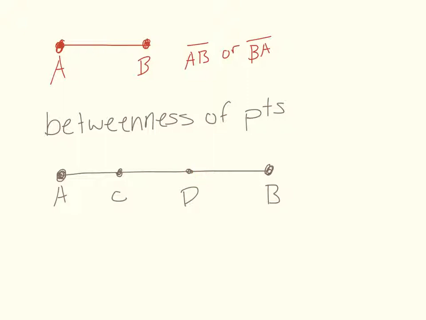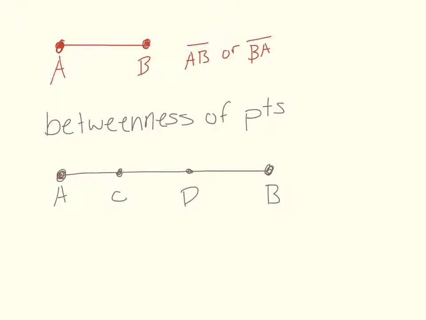D is between C and B, and the only reason that they can be between those two is because they're collinear. Remember that word? That's going to come up again, I'm sure. Whereas A is not between 2 of these points.